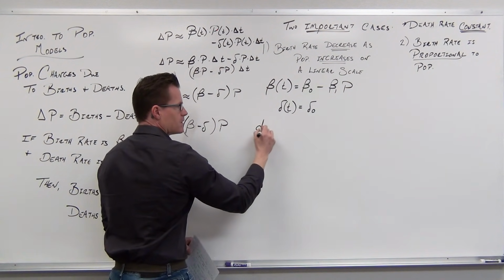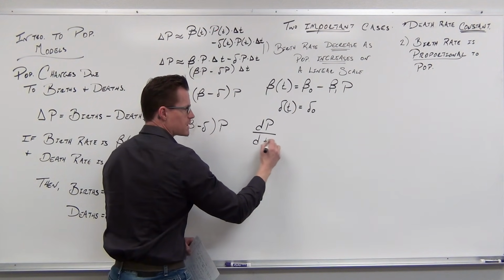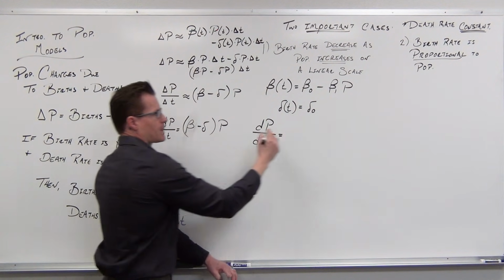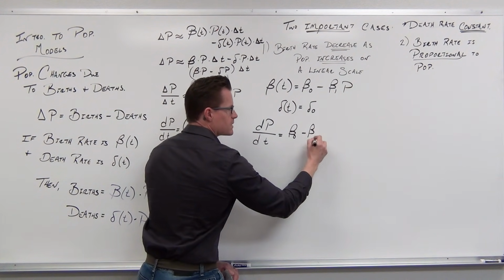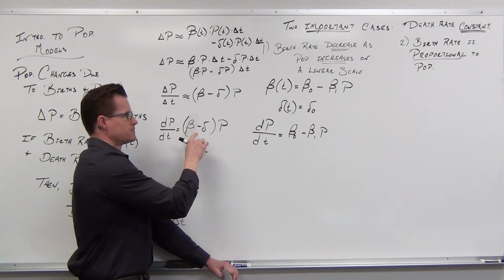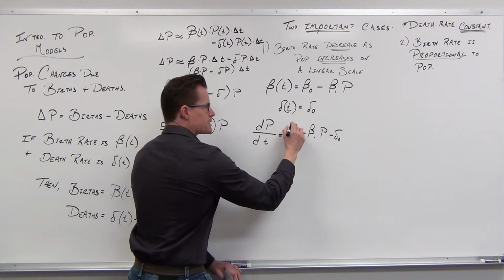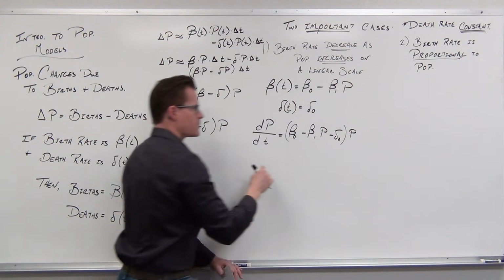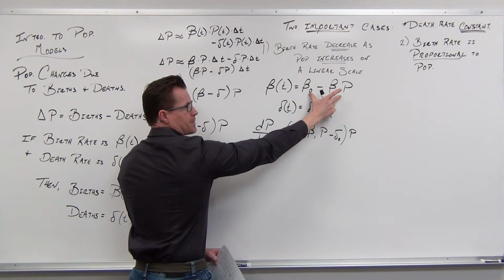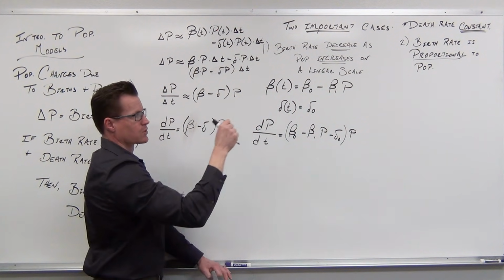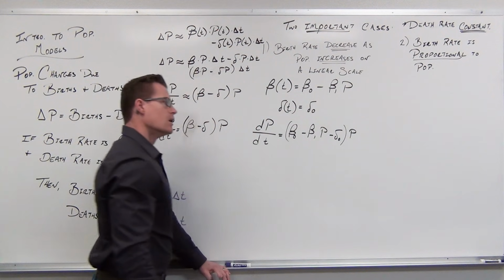So our time rate of change, population with respect to time, would be this initial beta, initial birth rate, minus some birth rate that's changing with our population, minus our death rate that's always constant, times this population. We just said we have an initial birth rate and we're dropping as our population increases linearly. And then our death rate is held constant.